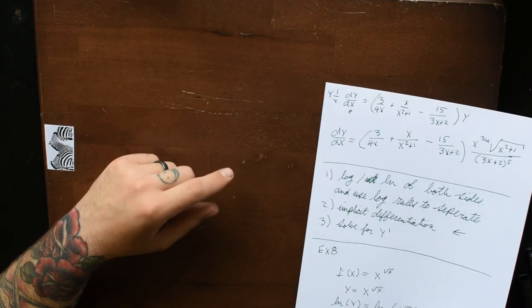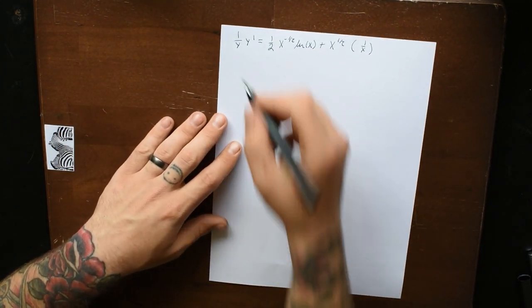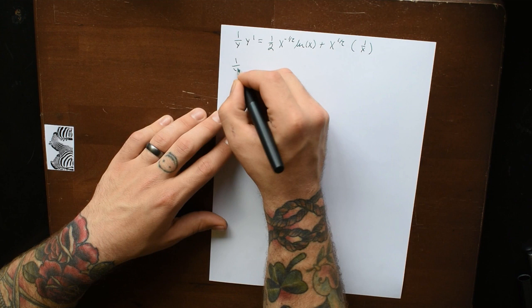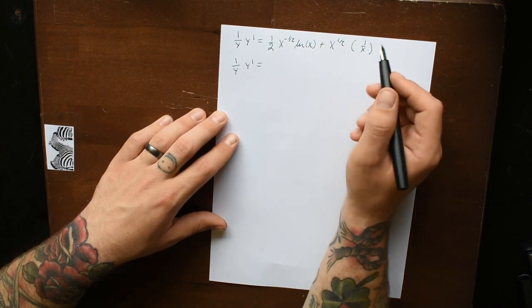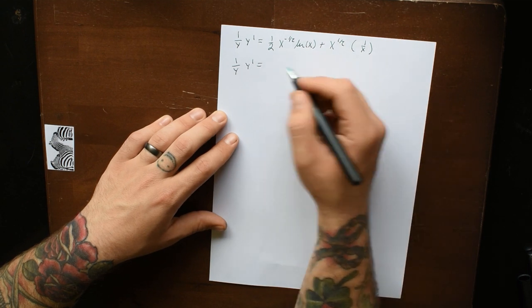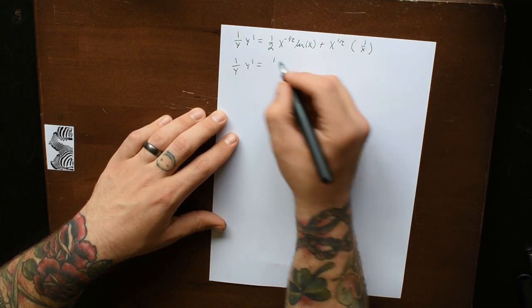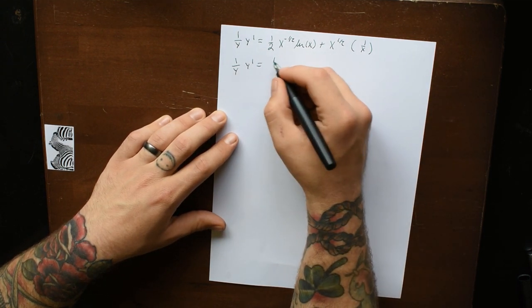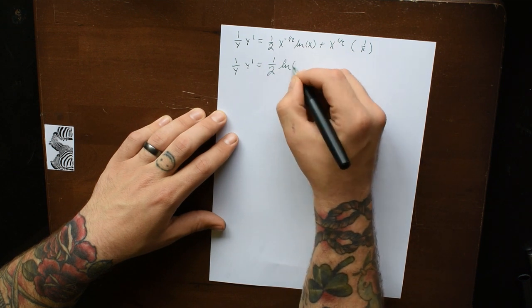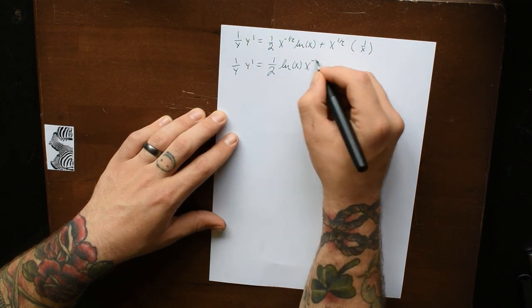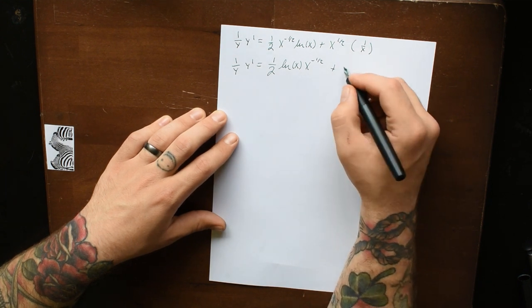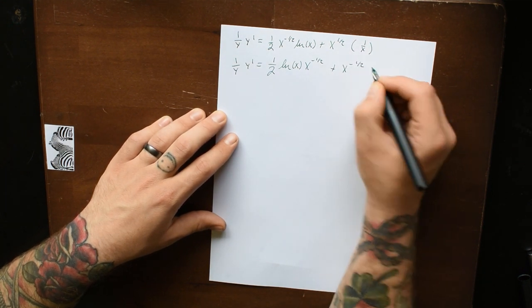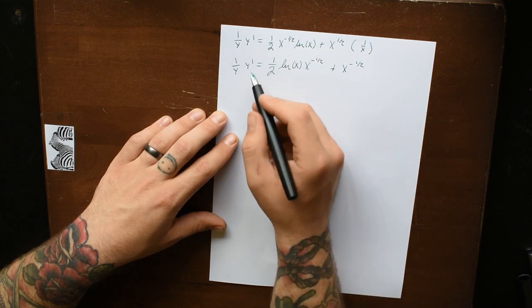So that just copies it from the back page. We'll simplify. 1 over y times y prime is equal to 1/2 of the natural log of x times x to the negative 1/2 plus x to the 1/2 divided by x, which is x to the negative 1/2.